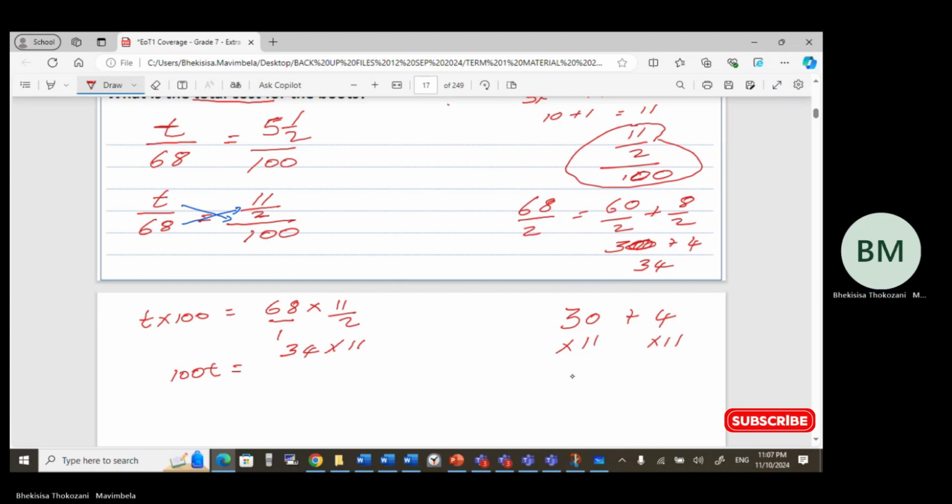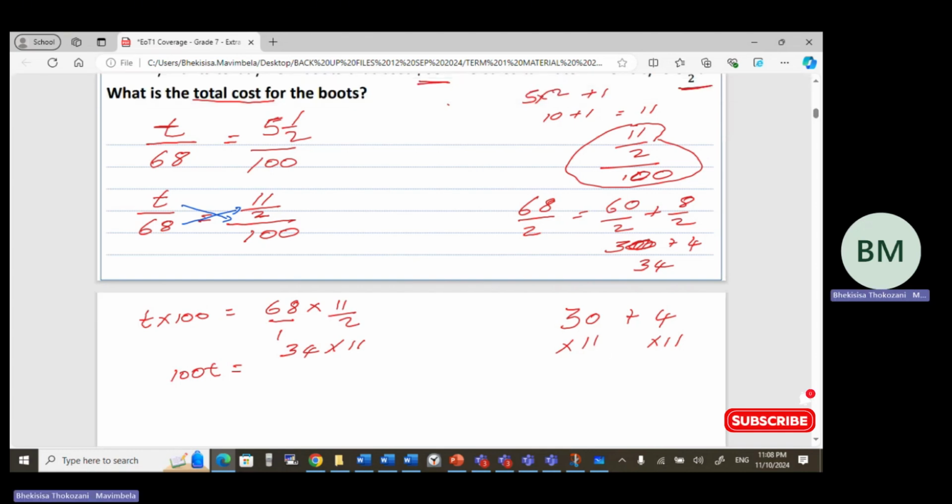Let's see. Here, what is 3 times 11? So this will be 33, right? And we bring down the 0. Boom.